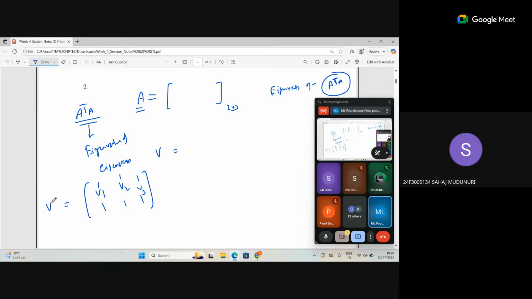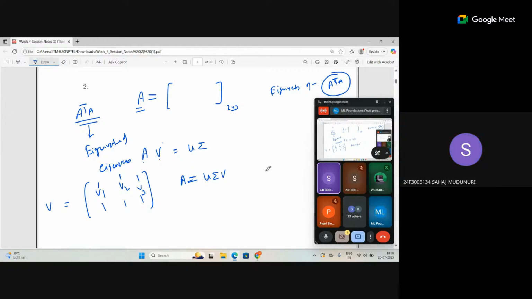Now you just find V transpose, or you can operate A over this V, and whatever you get has to be equal to U sigma. And if you wanted A back, you'll get U sigma V inverse, or transpose, same thing.